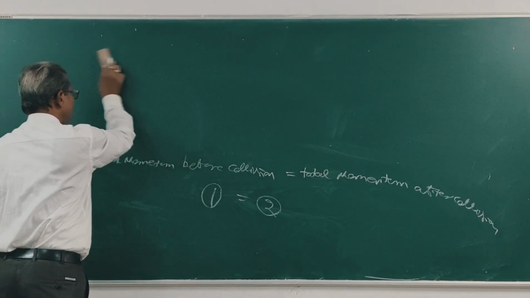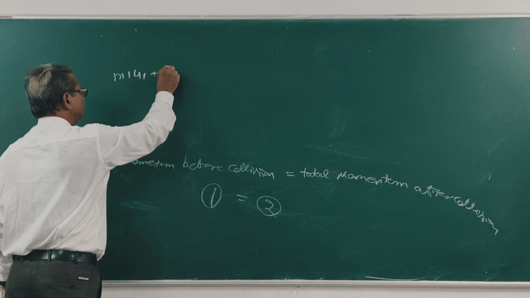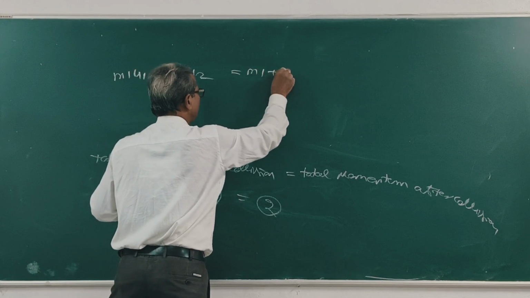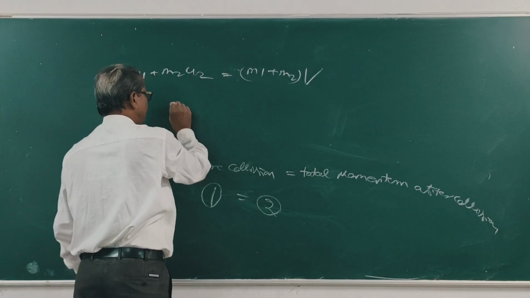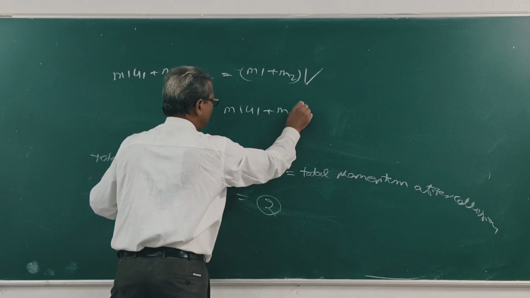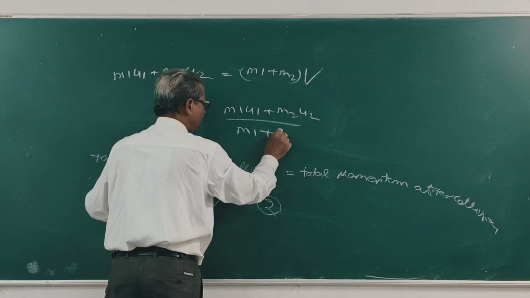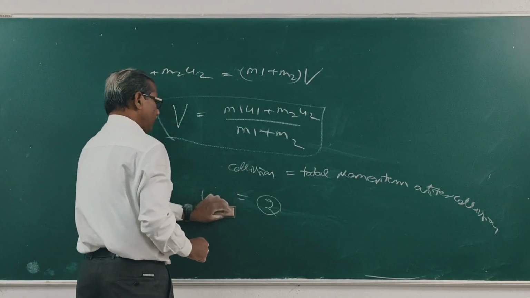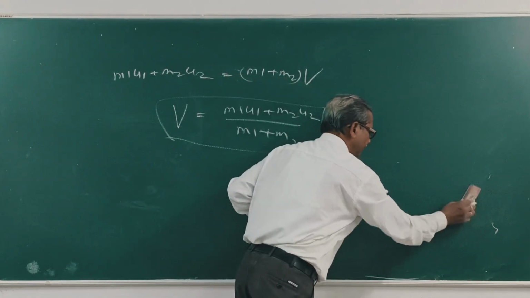What is equation 1? m1 u1 plus m2 u2 is equal to m1 plus m2 into v. So v is equal to m1 u1 plus m2 u2 by m1 plus m2. This is the common velocity after collision v.